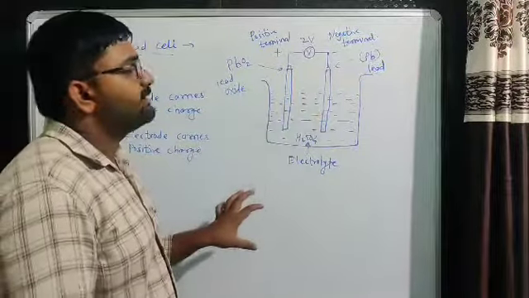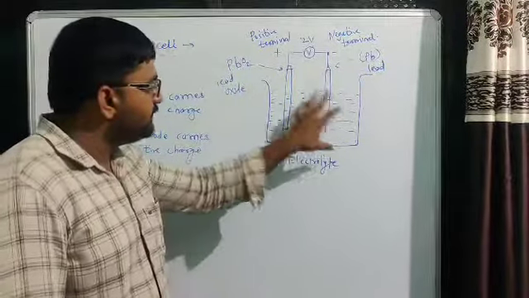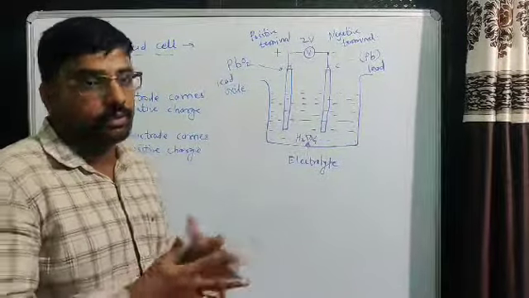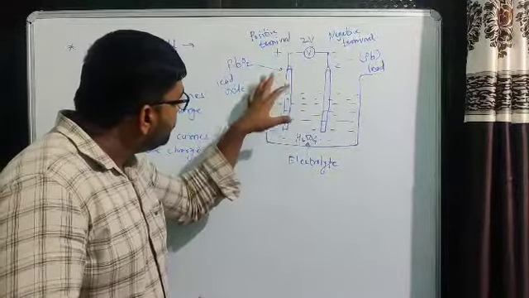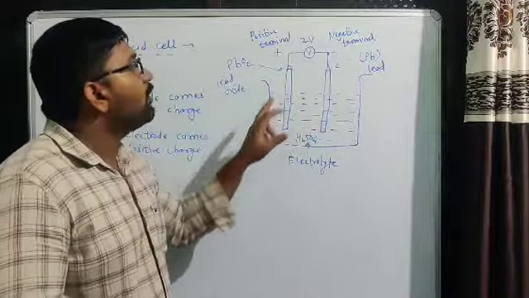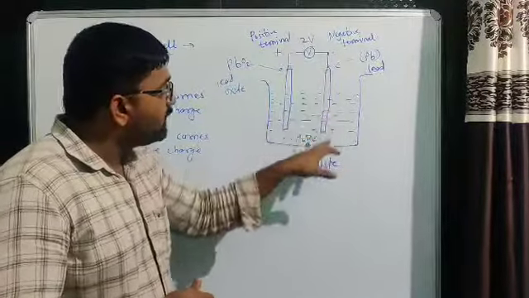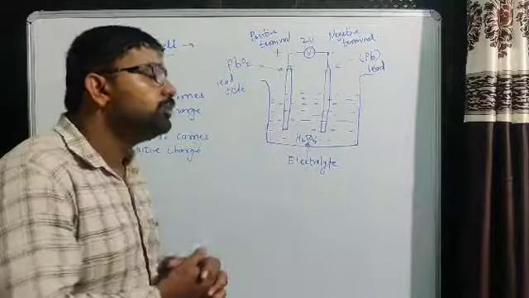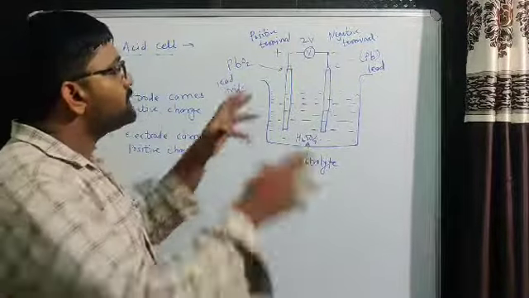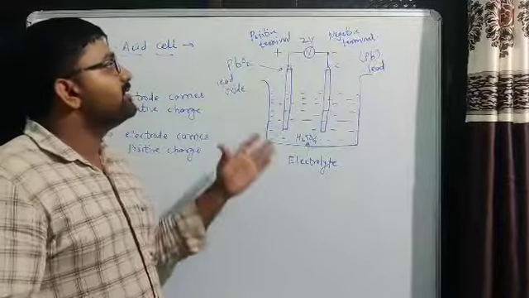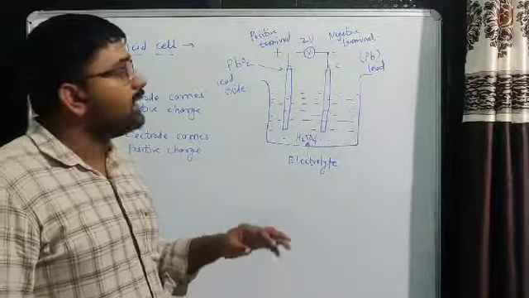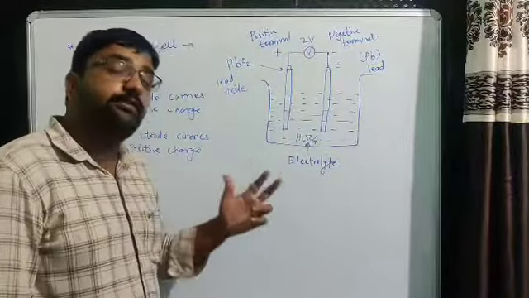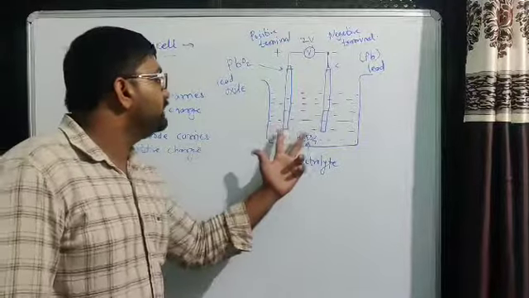When the chemical reaction takes place in this electrolyte, the charges get separated. The lead oxide rod is a carrier of positive charges and the lead rod is a carrier of negative charges. Charges move toward the respective rods, and if charges move, that flow is generally called electricity. So a 2 volt potential difference is generated by this cell.